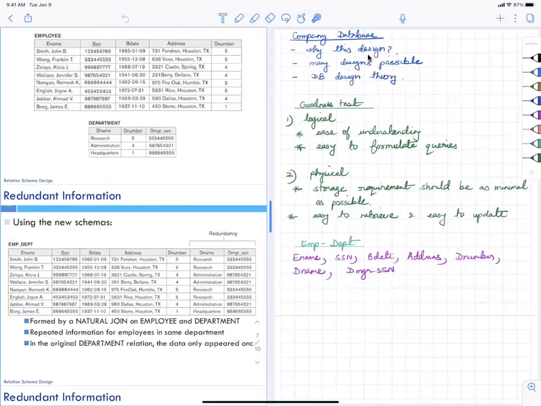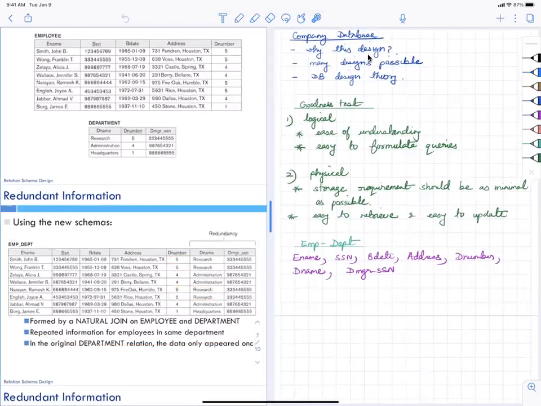for us human beings, when we look at the table, employee is one entity and department is another. They're two separate entities. They're kind of independent. They don't really depend on each other. So for us, it makes sense to divide the two into separate tables.